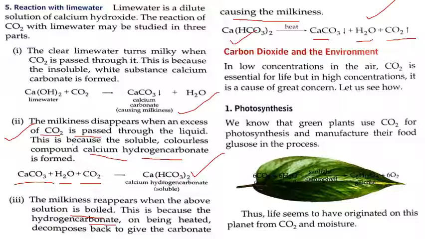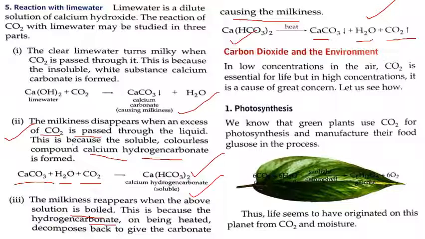So this is the three-part reaction which you can see. At first we have lime water and we pass carbon dioxide through it, and it turns the lime water milky. If we continue to pass carbon dioxide, the milkiness of the lime water will disappear because calcium hydrogen carbonate is formed, which is soluble.